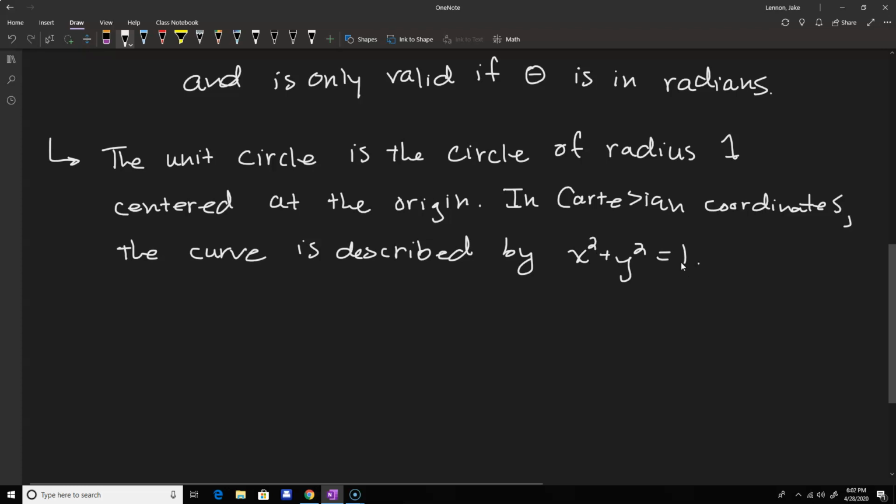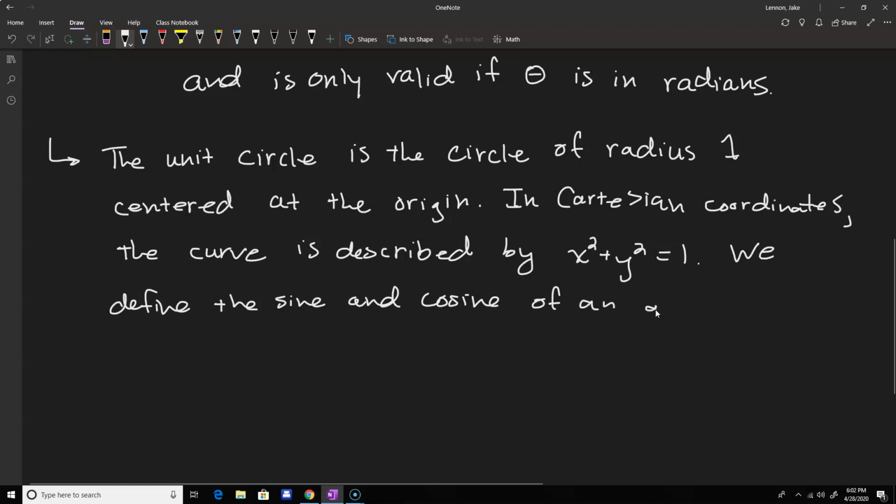So basically, let's just start by defining sine and cosine. So we define the sine and cosine of an angle theta. So theta is kind of like our generic angle that we use. So that's just the lowercase theta from the Greek alphabet.